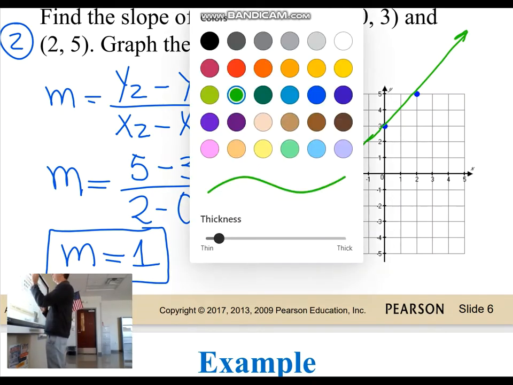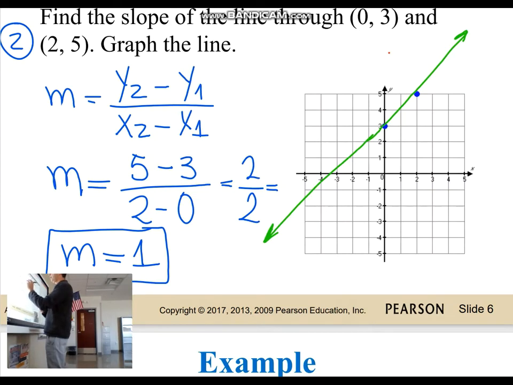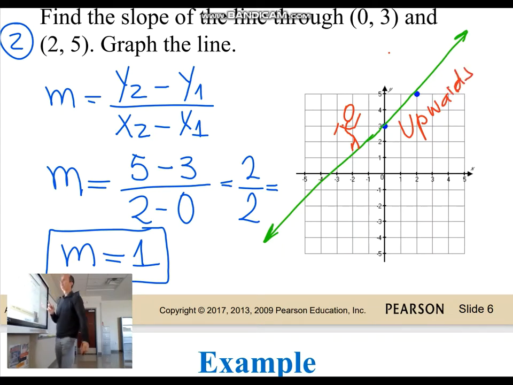So I will make a little drawing here. If we are moving here, this guy is walking, he needs to walk from the left to the right, and then the graph is going upwards. If the slope is positive, the graph goes upwards.